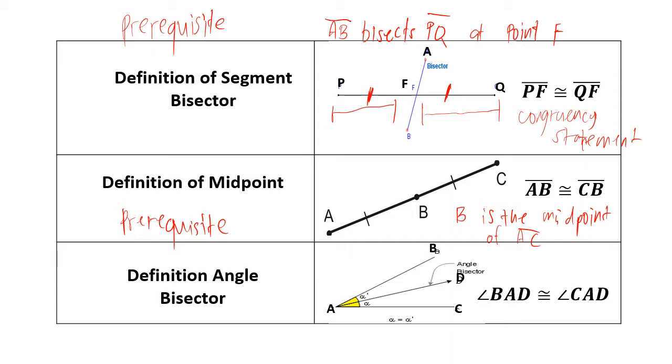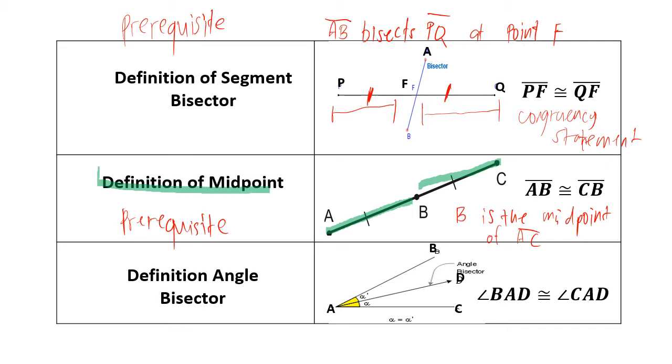Let me use a highlighter. Color green. If there's a midpoint, same with bisector, it means that it is dividing the given segment into two equal parts. So, this time, if there's a midpoint, we can say that side AB is congruent to side CB. So, what is your reason? Are you just assuming? No. There's this property called definition of midpoint.